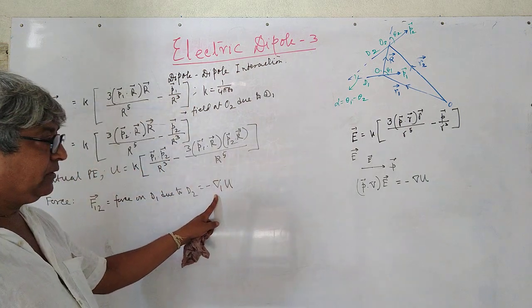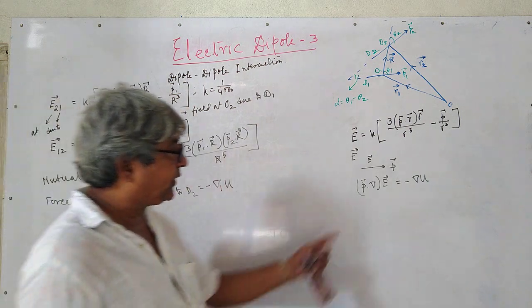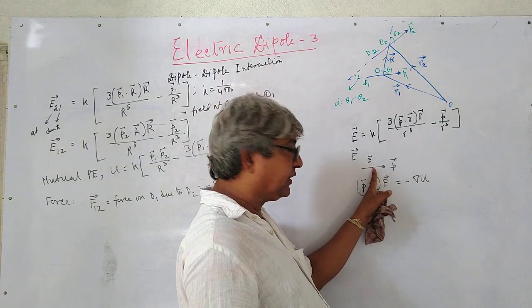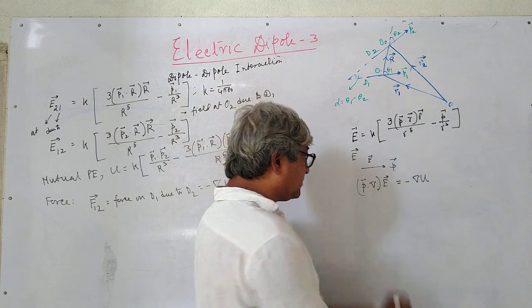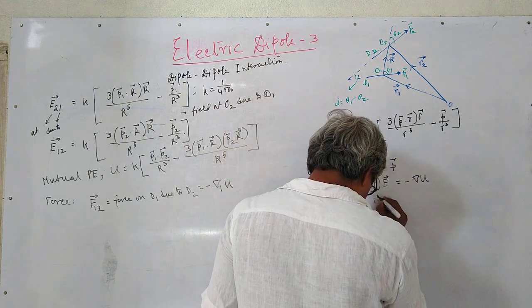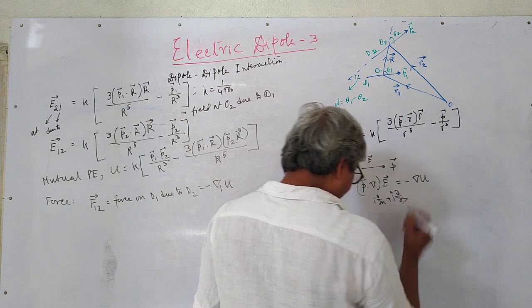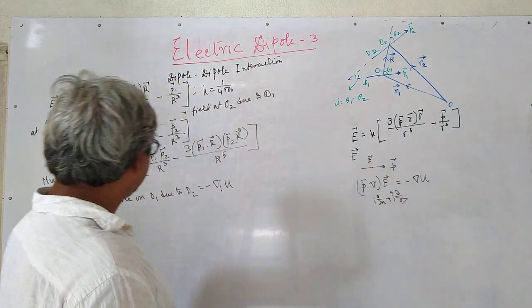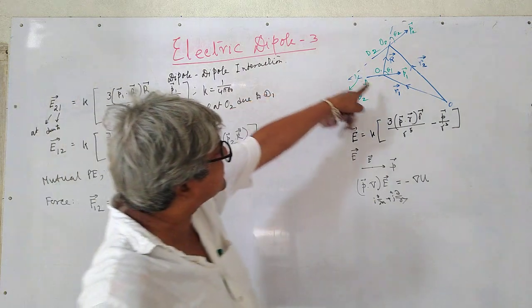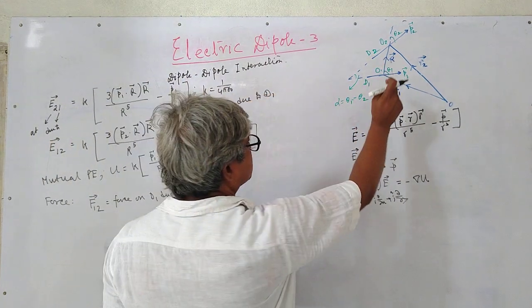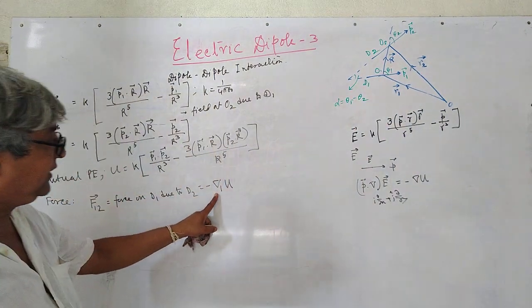This nabla 1 means that whenever we place this dipole at a point with coordinate R, nabla represents i cap del x plus j cap del y, etc. But here the location of dipole 1 is R1, so the differentiation has to be carried out with respect to R1. We have done this.